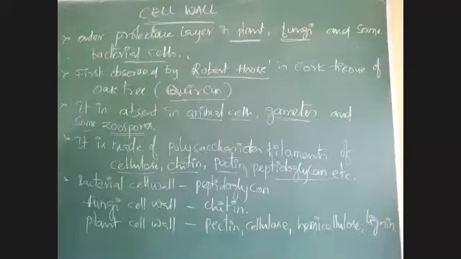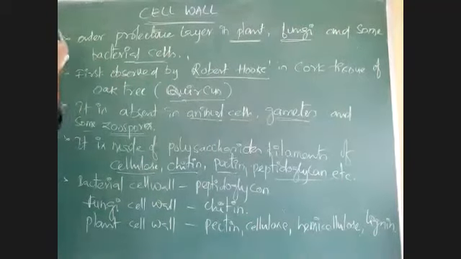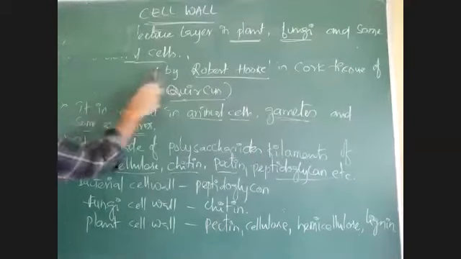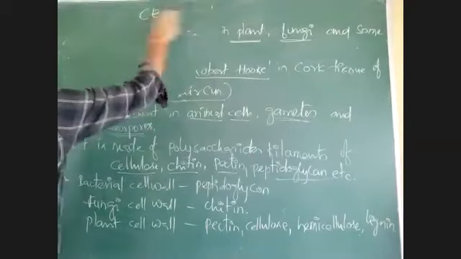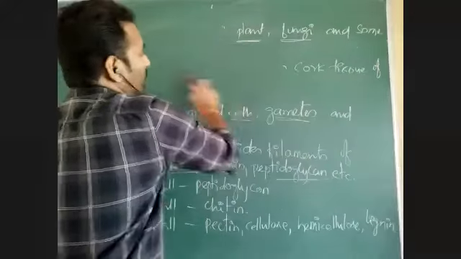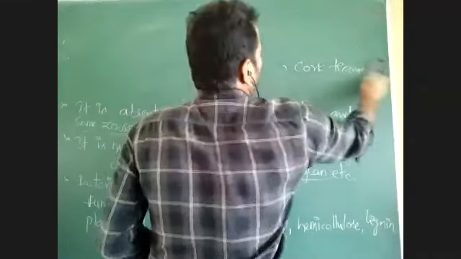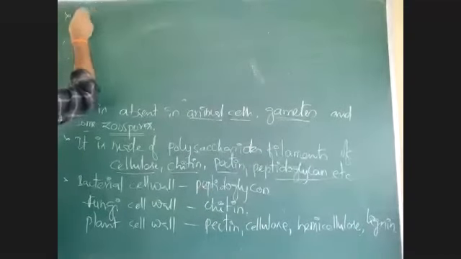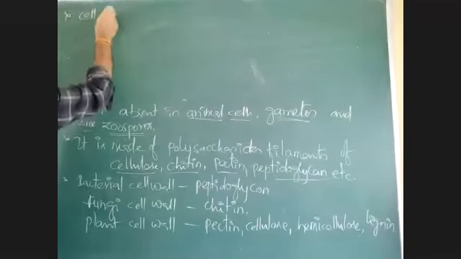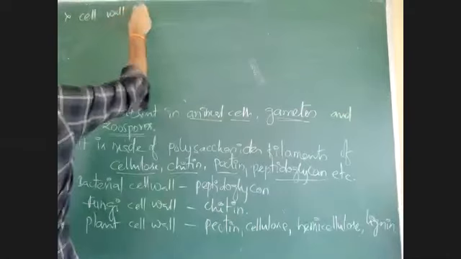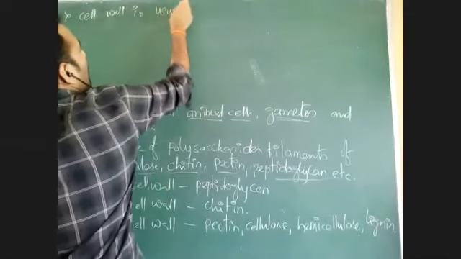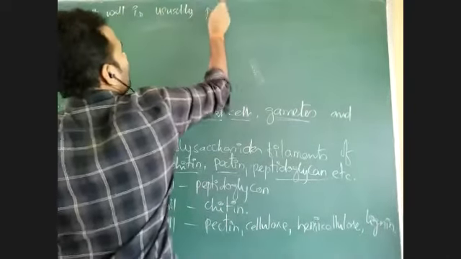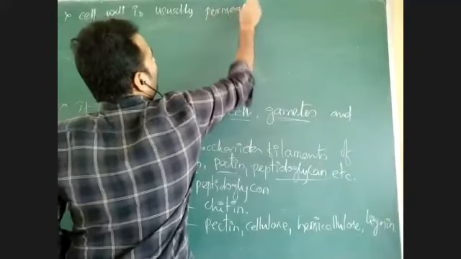Now if you see the properties of the cell wall, first I will erase these first two points. The cell wall is usually or generally permeable.